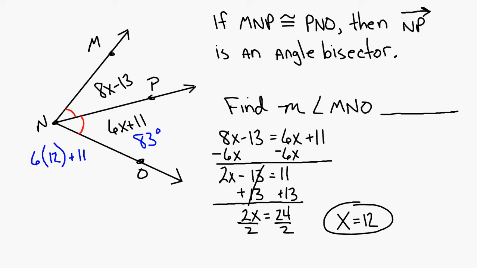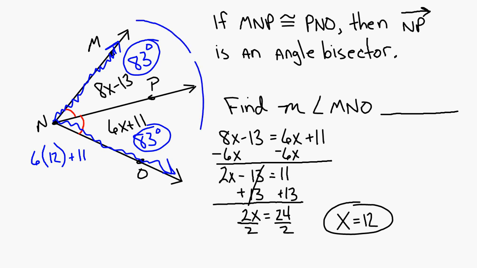No, this is when those highlighters come in handy. They're asking for this one, MNO. All right, so if this side is 83 and they're congruent, this side's 83. So what's the entire angle going to measure? 166 degrees. Very good.